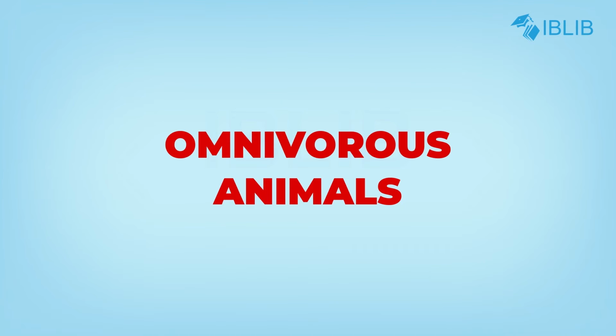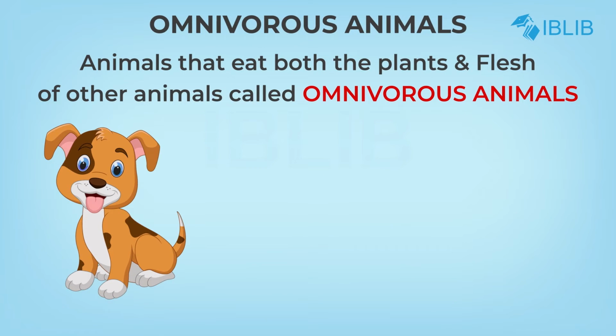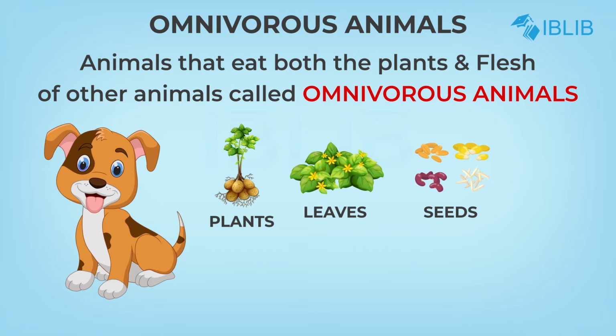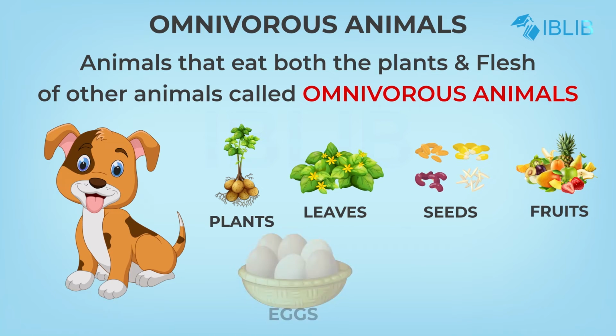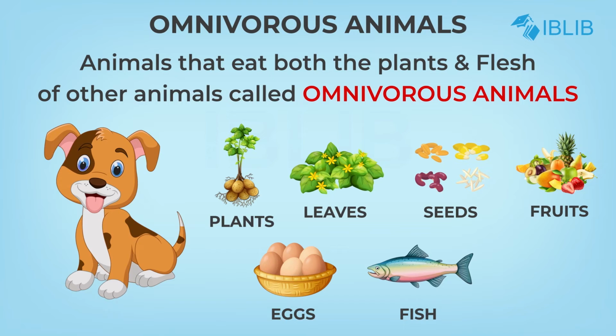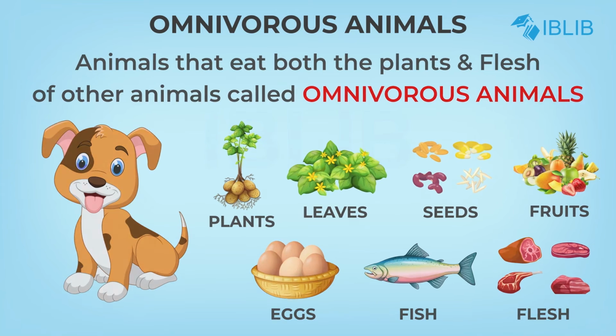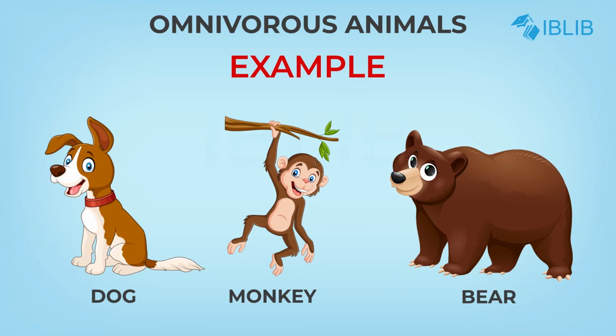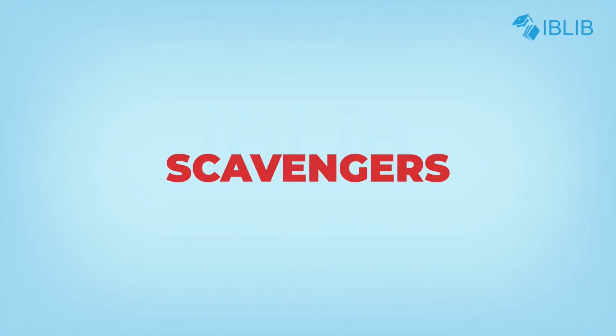Omnivorous animals. Animals that eat both the plants, leaves, seeds, fruits, eggs, fish, or flesh of other animals are called omnivorous animals. Animals like dog, monkey, bear, etc. are omnivorous animals.